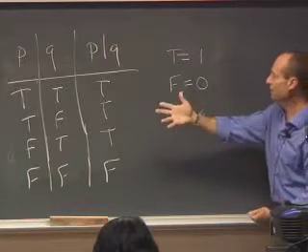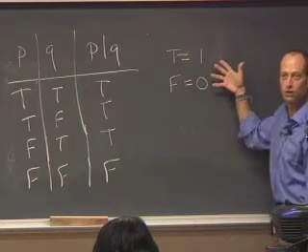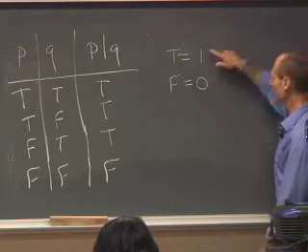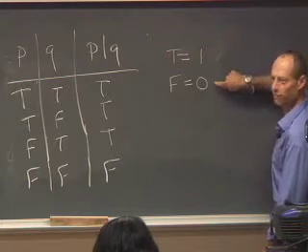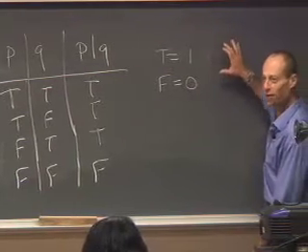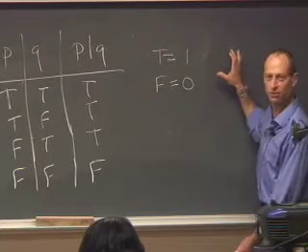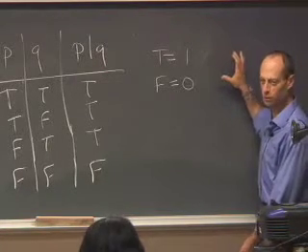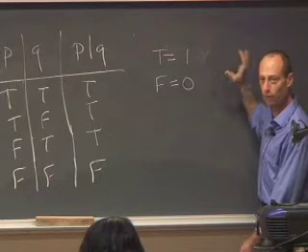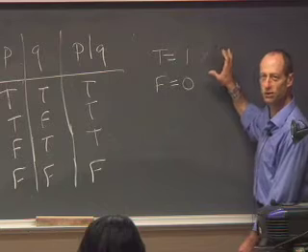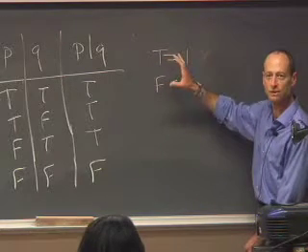And can be viewed as multiplication in this context. A and B is true if you represent true by 1 and false by 0, and you multiply the things together, the product is 1. If either of them is 0, the product's going to be 0. If both of them are 0, the product's going to be 0. The product's only going to be 1 if they're both 1. So and is like multiplication, or is like taking the max.